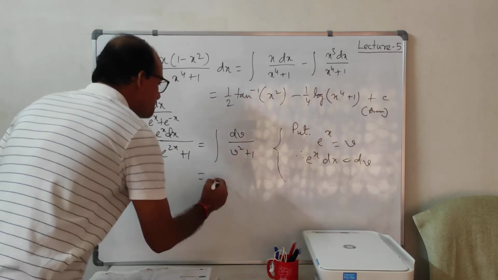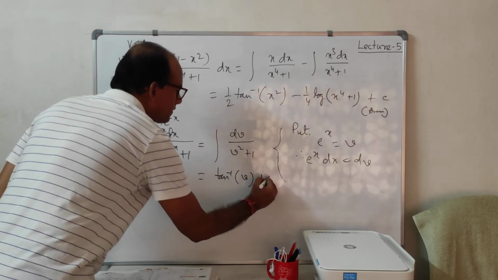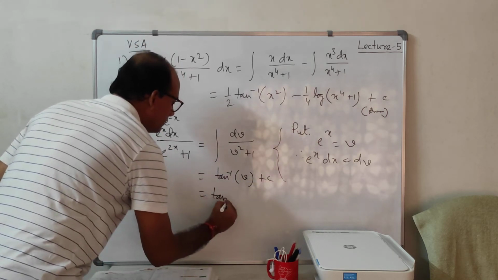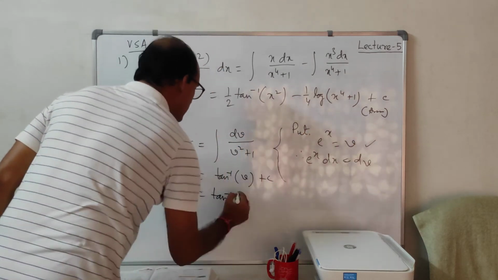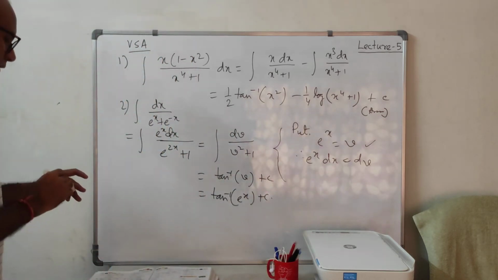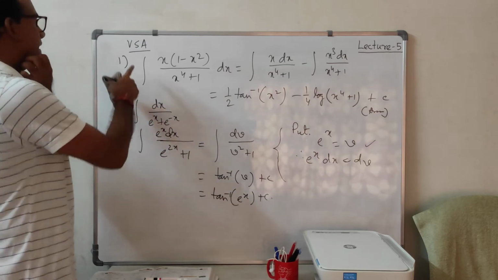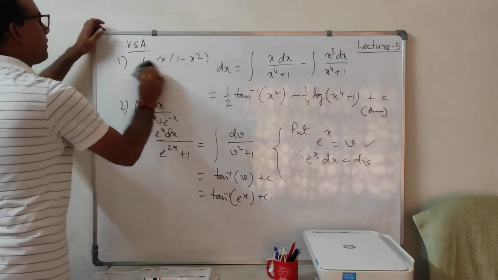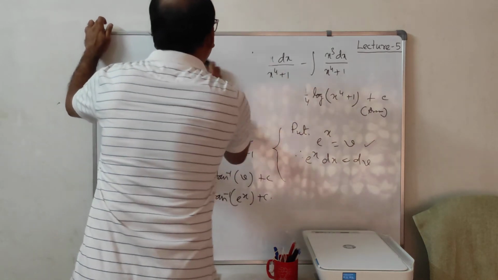Here a is 1, so tan inverse v simply, plus c. That means tan inverse of v, which here is e to the power x. Let's see. This is problem number 2 under VSA type. I am not wiping out this part.